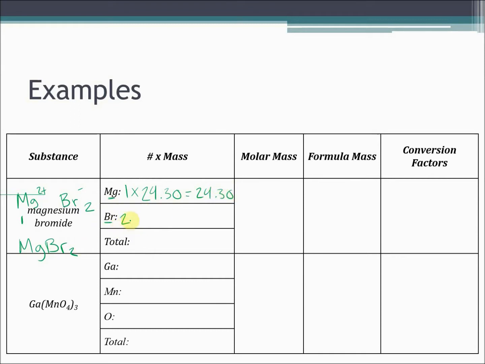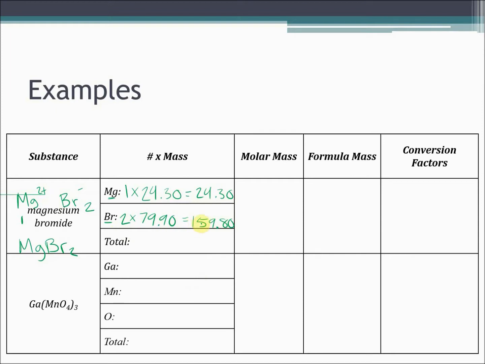Then we'll do the same for bromine, but here we have 2 bromines, and each bromine has a mass of 79.90. So we'll do 2 times 79.90 to get 159.80. So all of the mass of magnesium is 24.30.